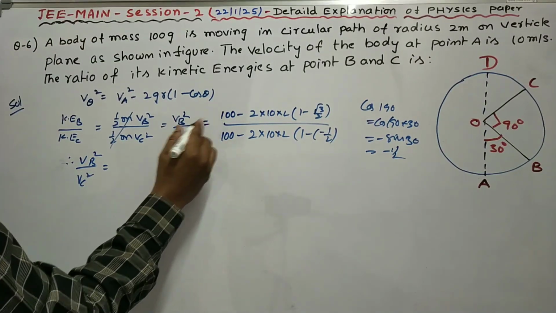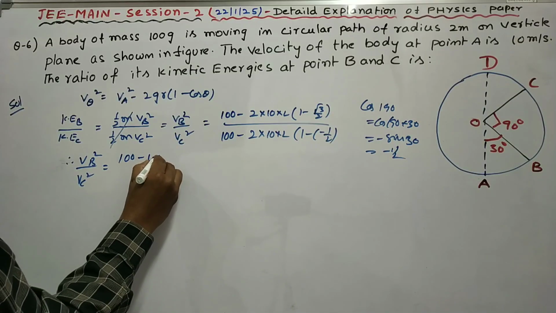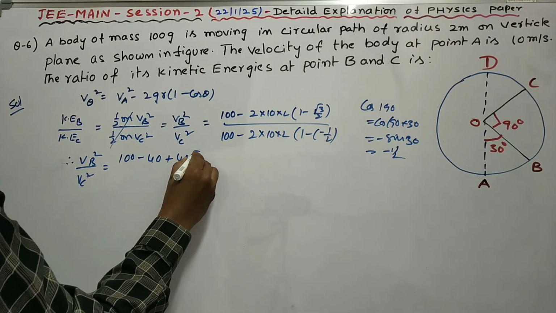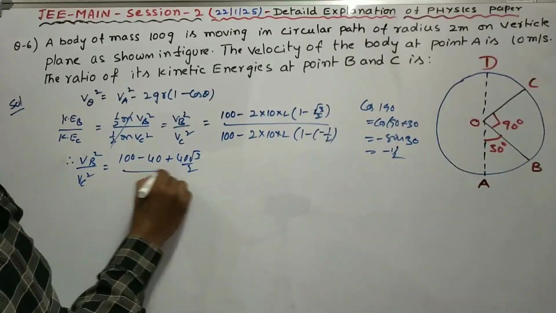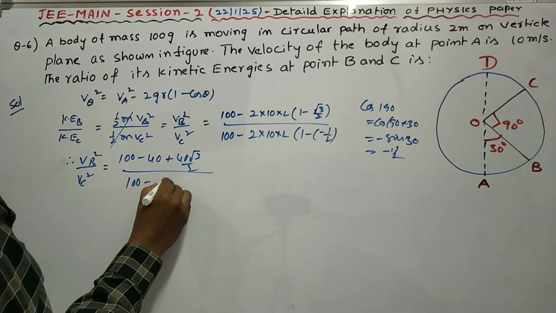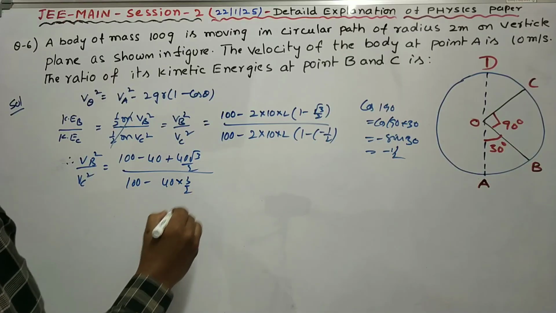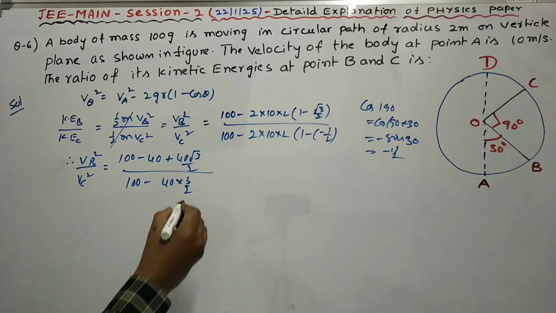So you get finally, therefore, velocity at point B whole square by velocity at point C whole square is equal to 100 minus 40 plus 40 into root 3 by 2 by 100 minus 40 into 1 plus 1 by 2 means 3 by 2. Okay, right.